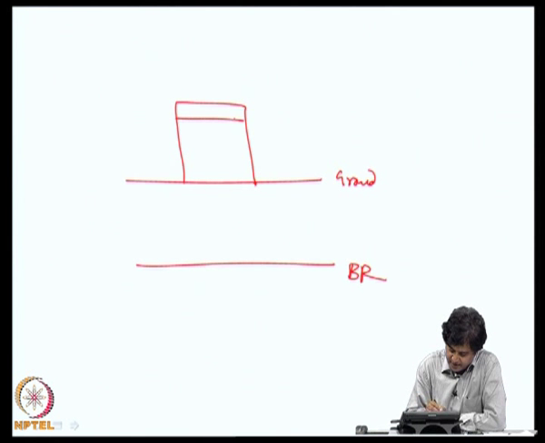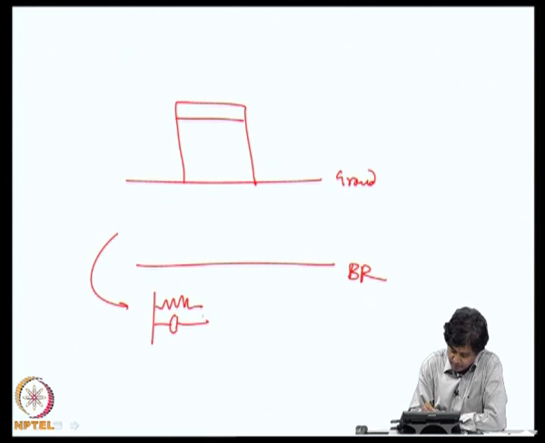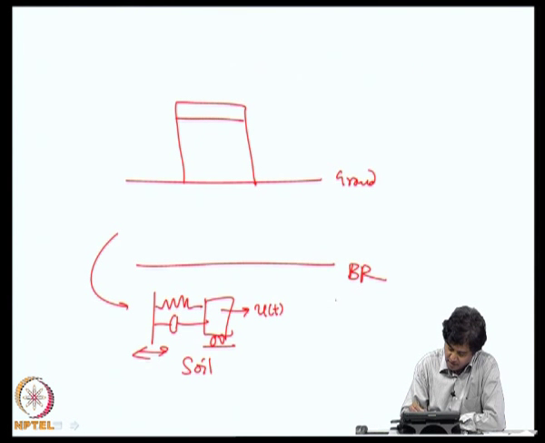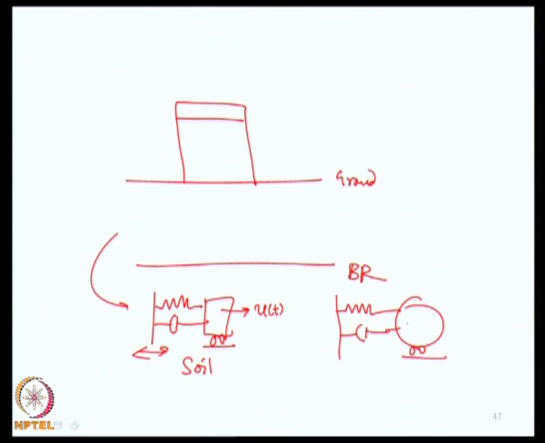The way we model it is, this is soil, and the output of this is say u of t. A simple version of modeling would be, this is my structure, so call it M, K, C, and this u of t appears as support motion for this structure. That means there is a kind of a cascading assumption.